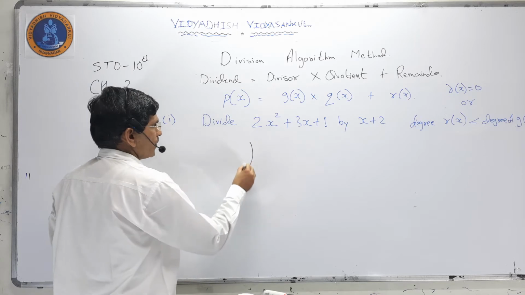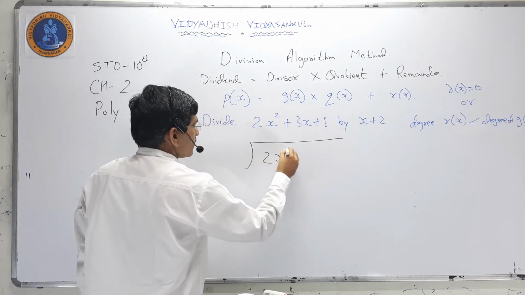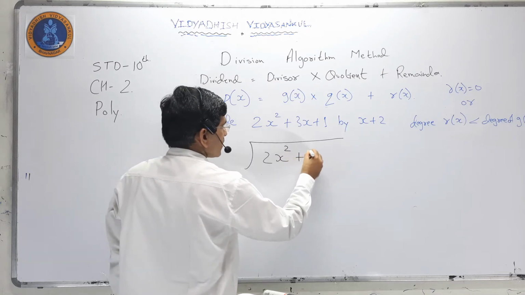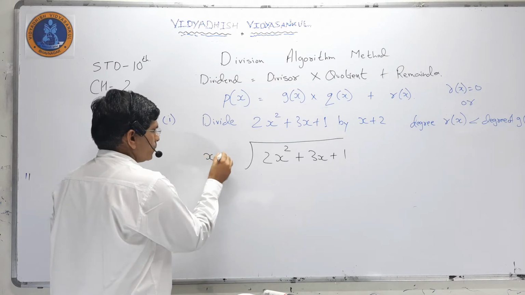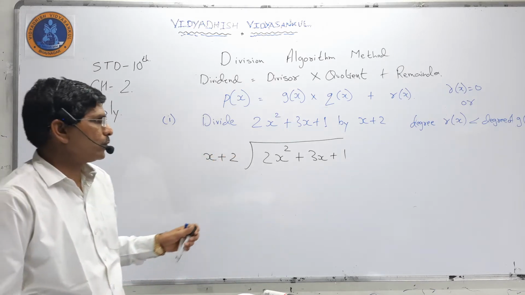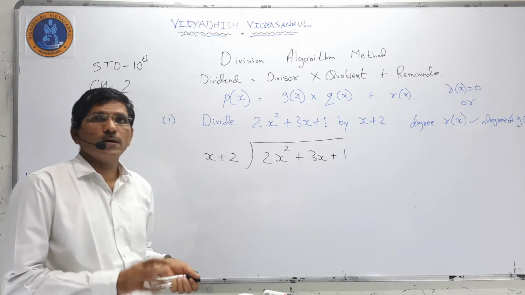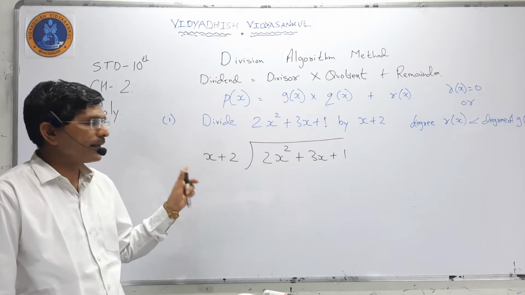So before we start, we go back to 9th standard, where we already discussed this. Dividing by x plus 2, what is the first step? We have to take monomial divided by monomial, that is 2x square divided by x.